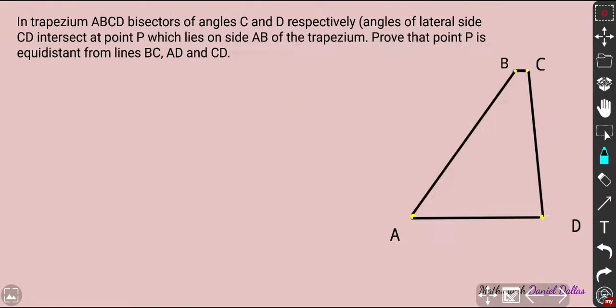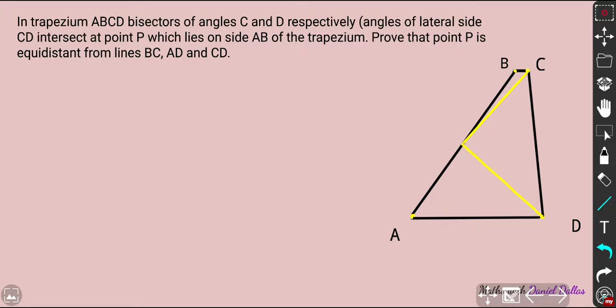So here is the problem, the second problem. Here's the trapezium. In this case, we have bisectors of angles C and D respectively. So I just want to put those bisectors from point C and from point D. For example, that's going to be the first one, and let it be the second one.